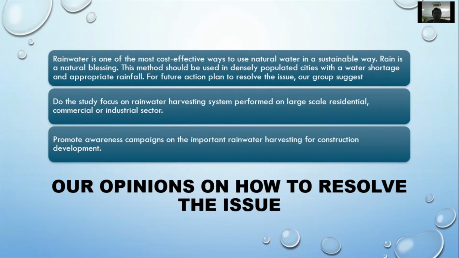For the future action plan, our group suggests a study focused on rainwater harvesting systems performed on large-scale residential, commercial, and industrial sectors. Second, we propose to promote an awareness campaign on the importance of rainwater harvesting for construction development.